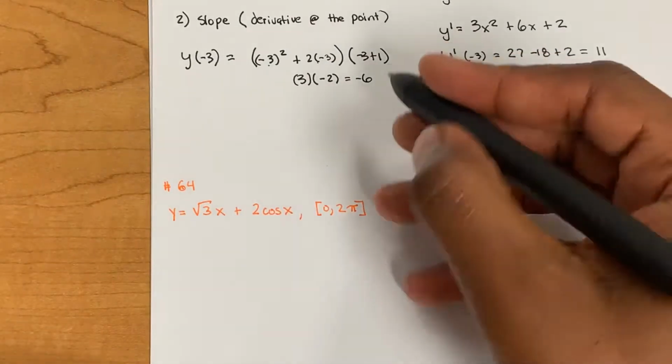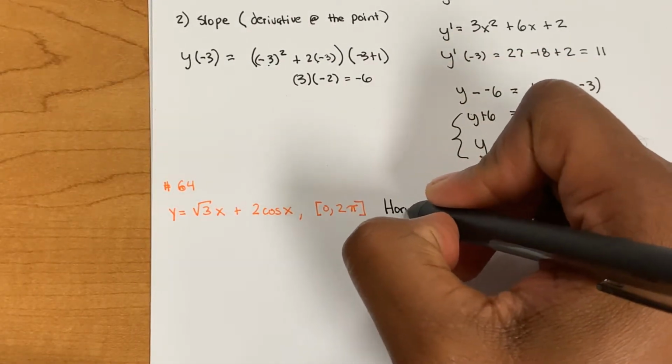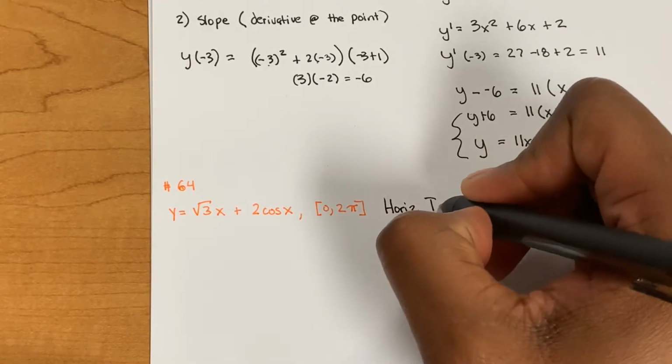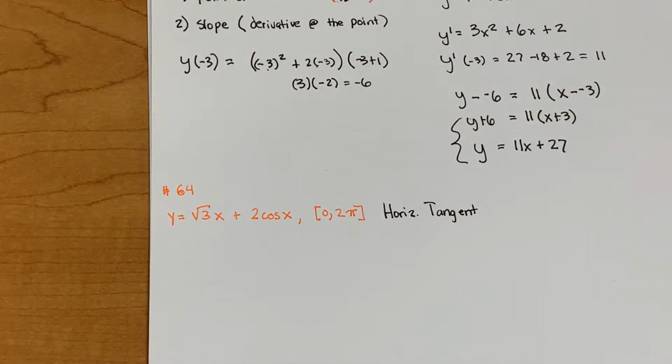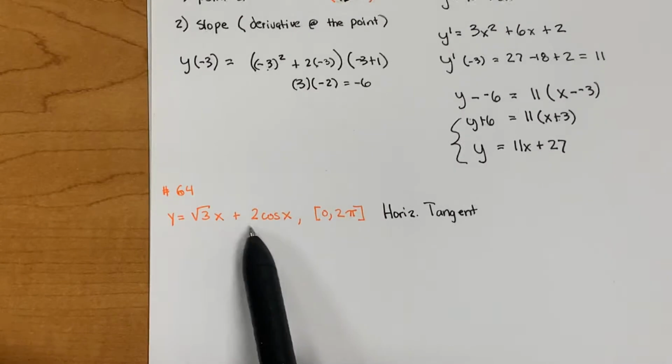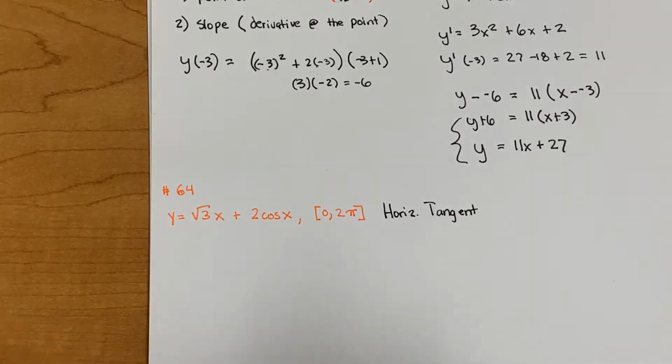And so for the last one, we are finding the horizontal tangent. So the horizontal tangent for an equation is where the slope equals 0, which is the same as asking where is the derivative equal to 0.